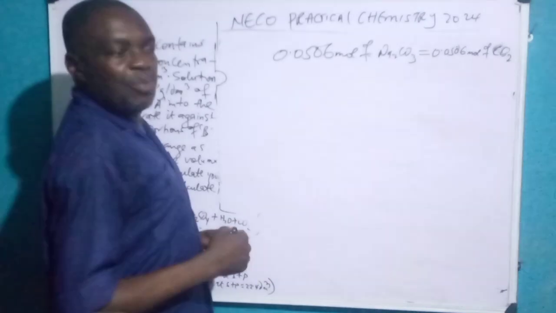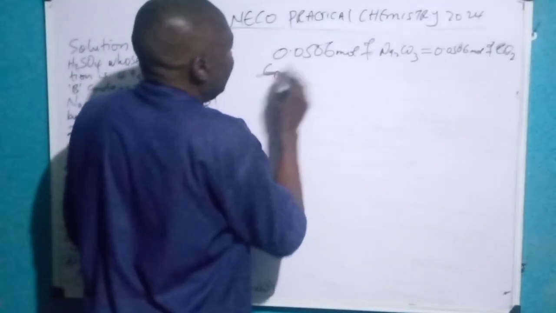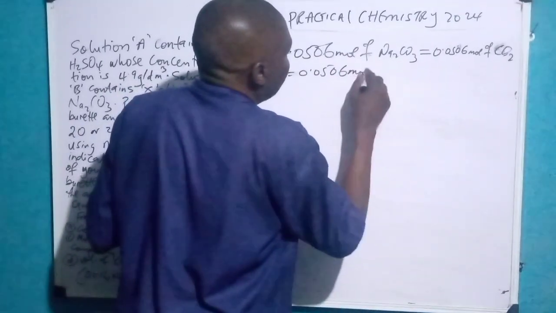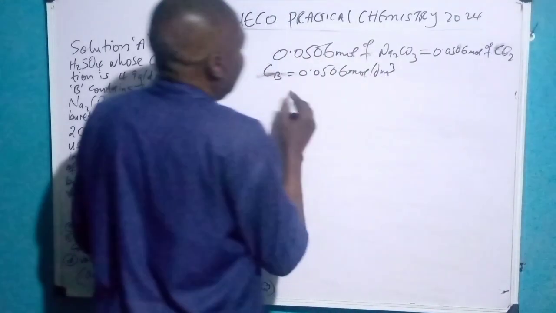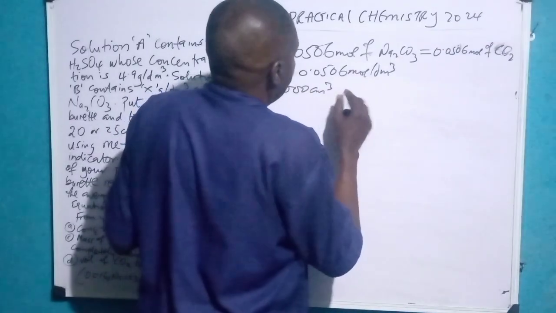Remember, the CB is mole per dm cube. You now say 1000 cm cube is equal to 0.0506 mole.